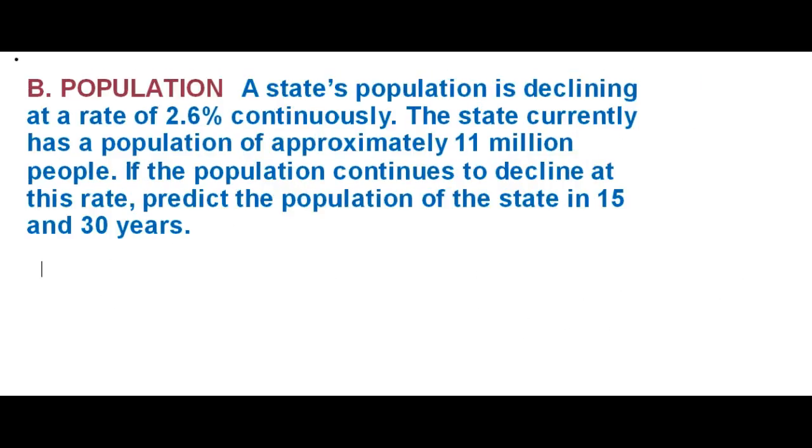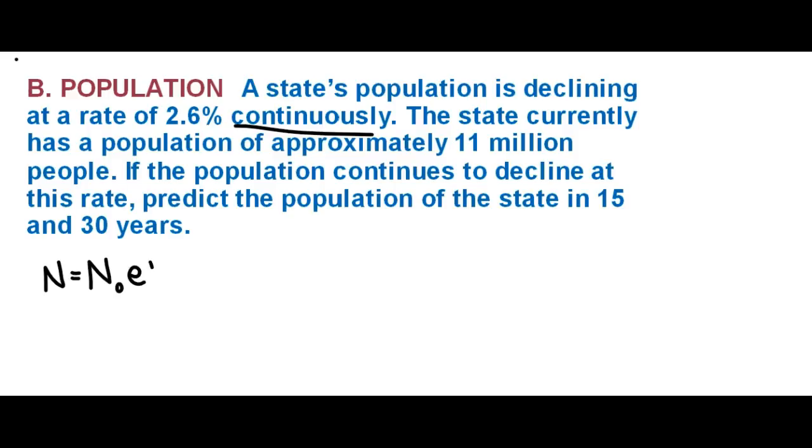So now we're going to take a look at what happens with this same situation, but instead of annually, I notice we have it declining continuously. And as you might expect, we're going to use our constant e to figure this out. Just like with money, we use the equation PERT. Now we're going to use how the book defines it.